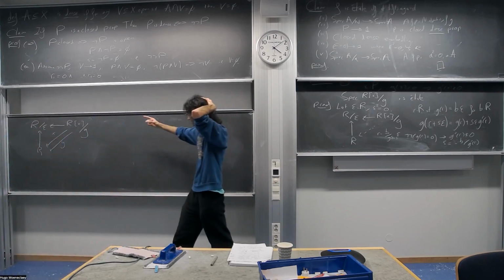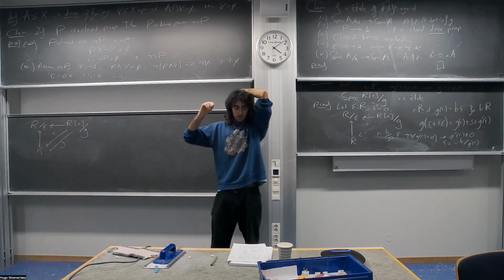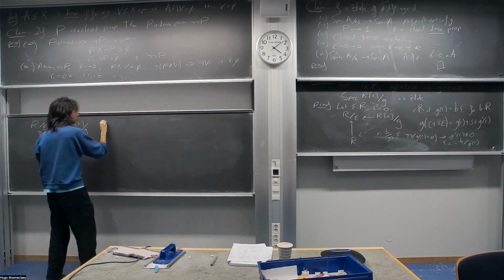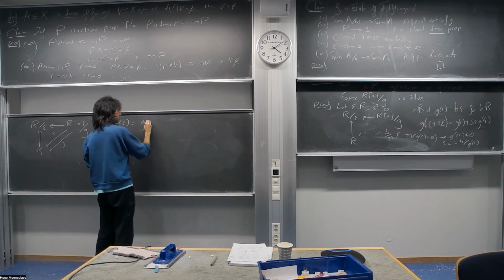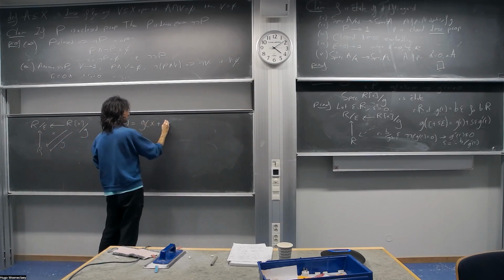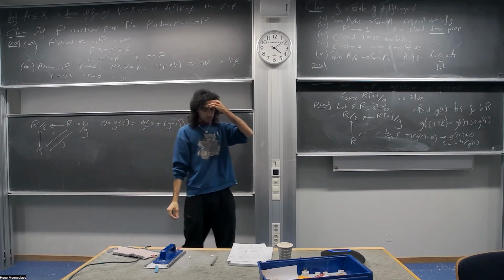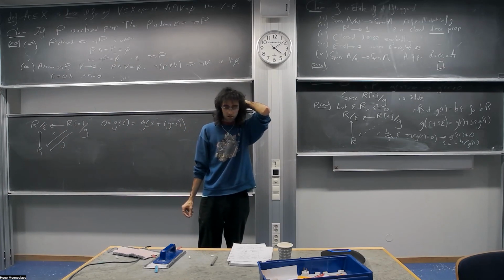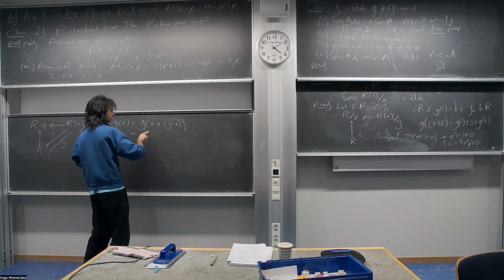Well, we know that G of X and G of Y are both 0. So what do we get? We're going to get that 0, the same thing as G of X, is the same thing as G of X plus 1 minus X. And using some derivative facts, we are going to be able to expand this.